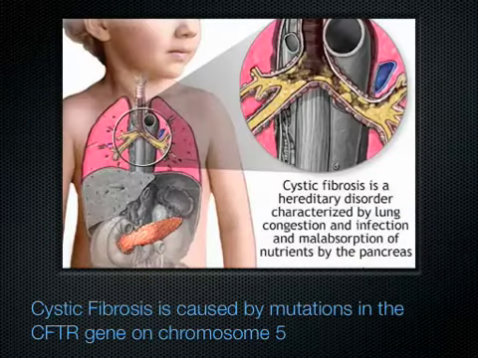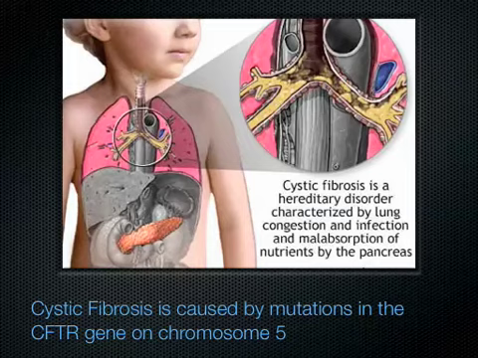For example, cystic fibrosis is caused by a mutation in the CFTR gene on chromosome 5. So the CFTR gene has some mutation in it, and it is not functioning properly. It codes for the making of a protein that is incorrect. The protein that should be made is an ion channel inserted in your respiratory and digestive system cells.